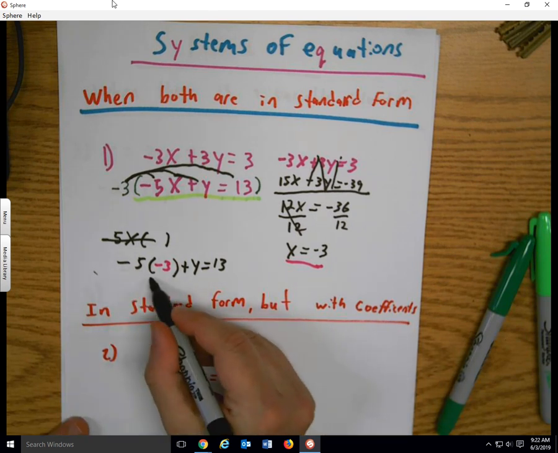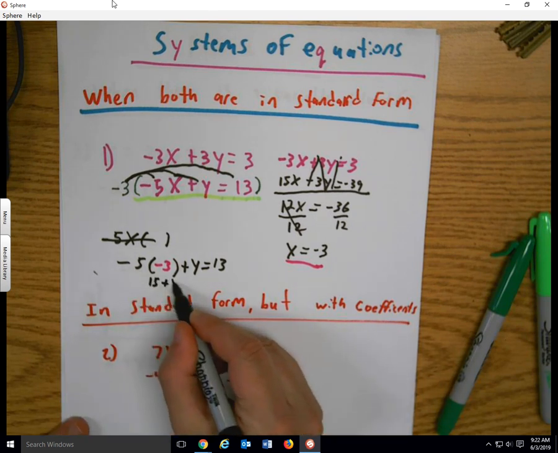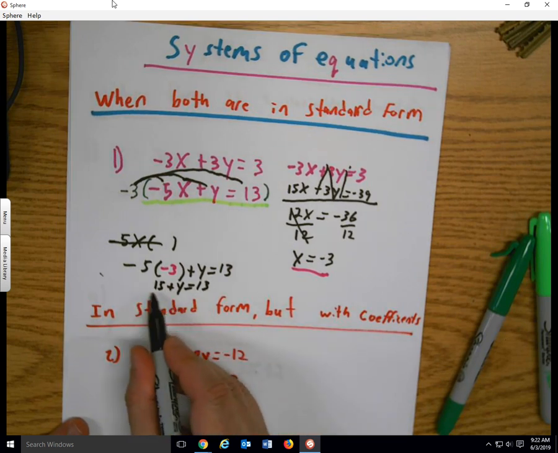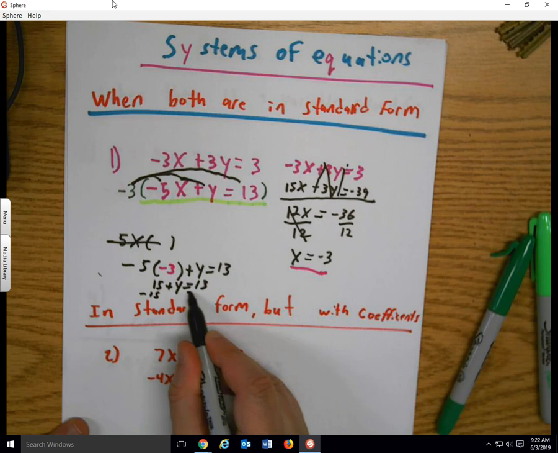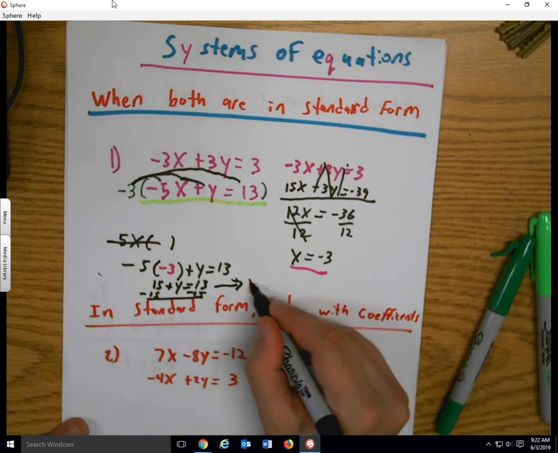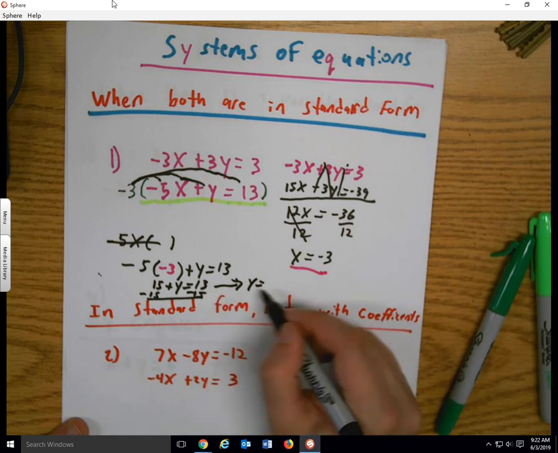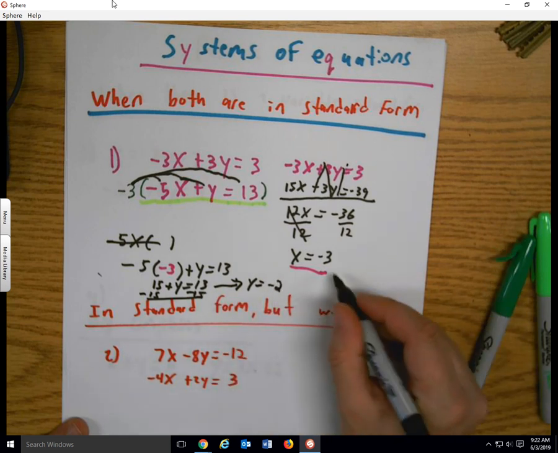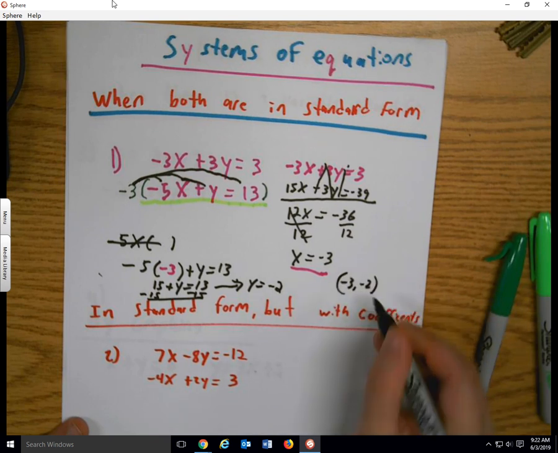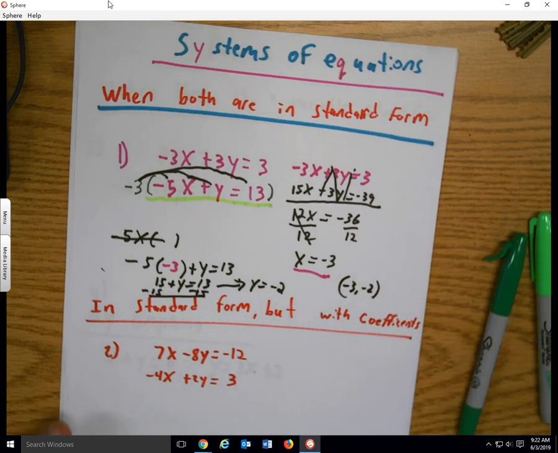A negative times a negative is a positive. What's being done to the y is being added, so you would subtract. Running out of room here, but then the answer would be that y equals 13 take away 15 would be a negative 2. So x was a negative 3 and y was a negative 2. This is one way I can represent the answers. I can put them in parentheses. That's how you do them both are in standard form.